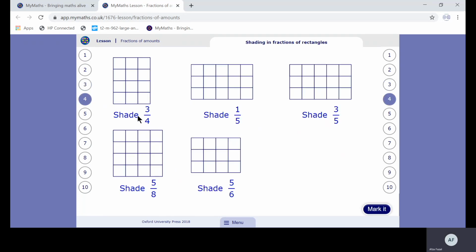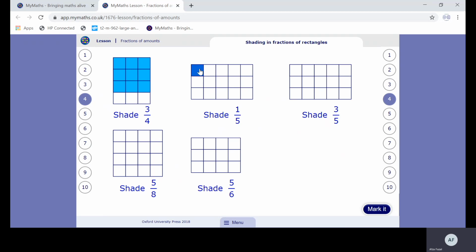So you've got to shade 3/4, shade 1/5, shade 3/5, shade 5/8, shade 5/6. So there's my 1/4 because it's 1 out of 4, 2/4 and 3/4. Here we've got 1/5.